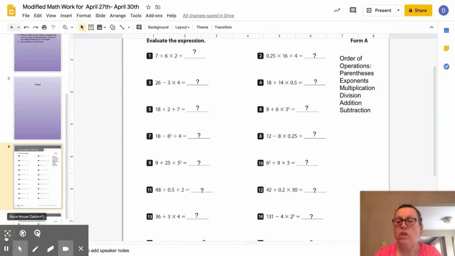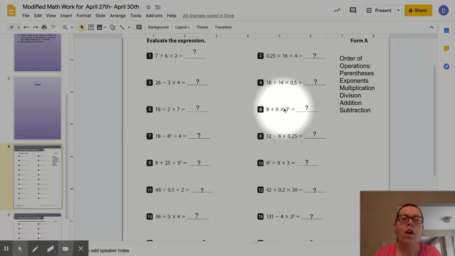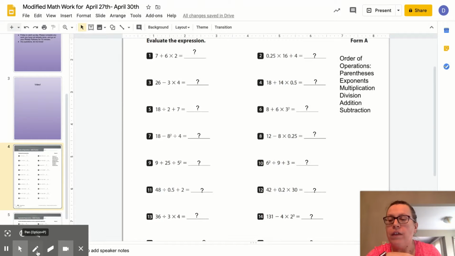Alrighty, so let's take a look at problem 6, which has 3 operations for you to do in it. Most problems will only have 2 operations for you to do, but some they do have 3. And the reason why this one has 3 is because of the exponents.